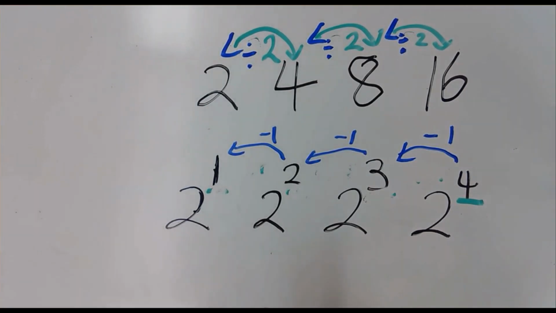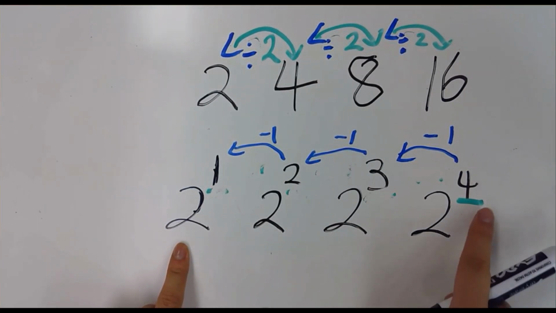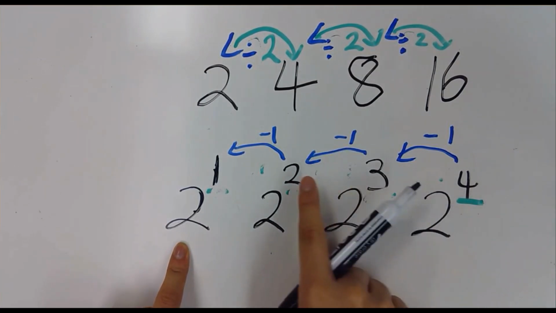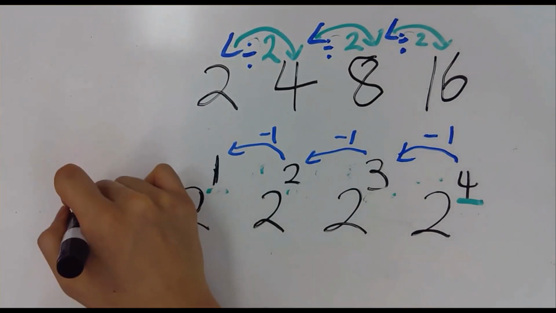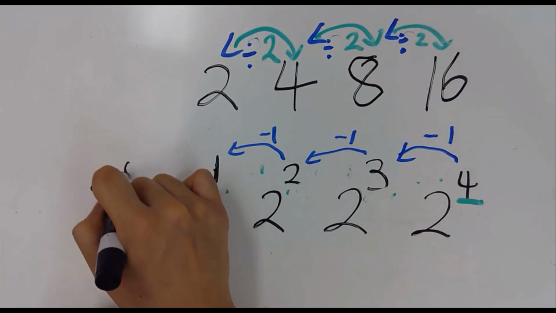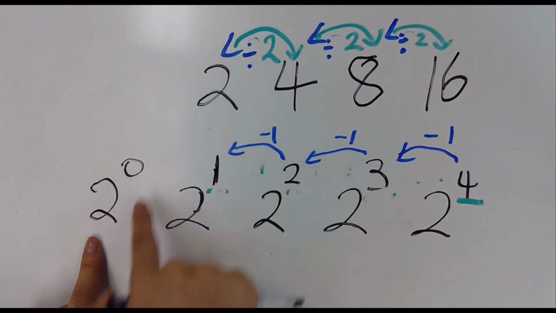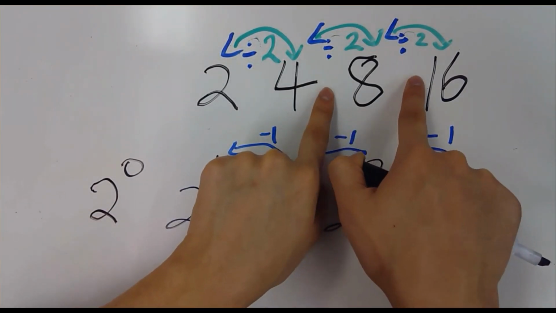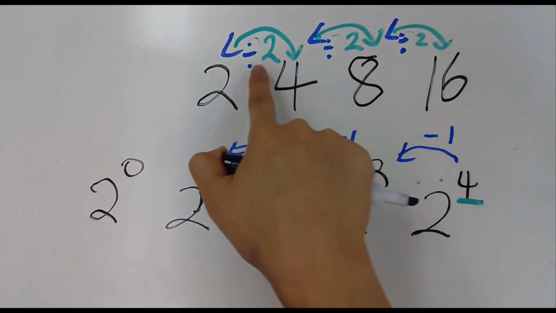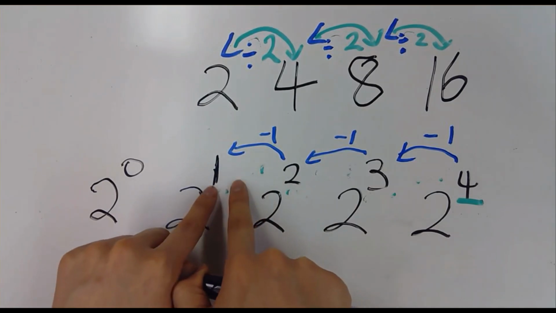Now, let's continue this pattern once more. So underneath here, 4 became 3, 3 became 2, 2 became 1. So naturally, the next number that we will probably want to see is 2 to the power of 0. And what would 2 to the power of 0 be? Over here, we divided each number by 2 every time the exponent decreased by 1.